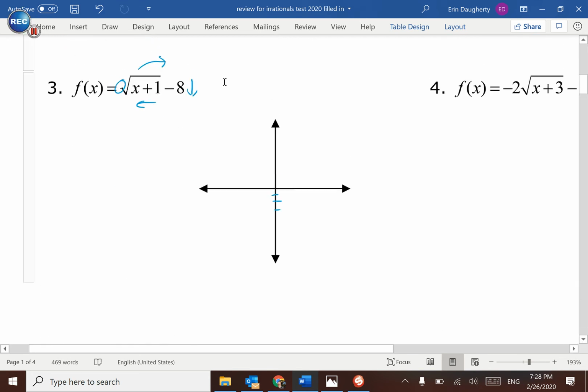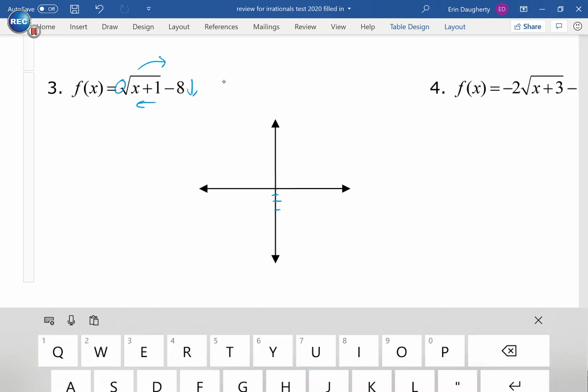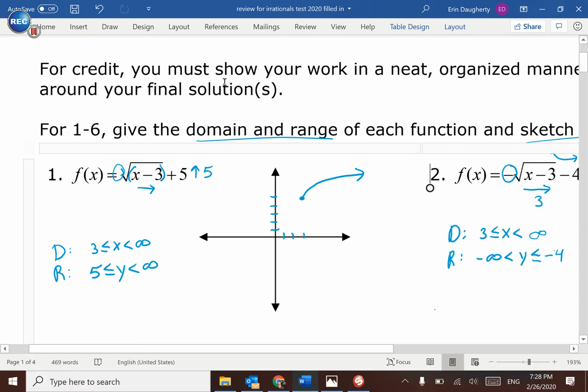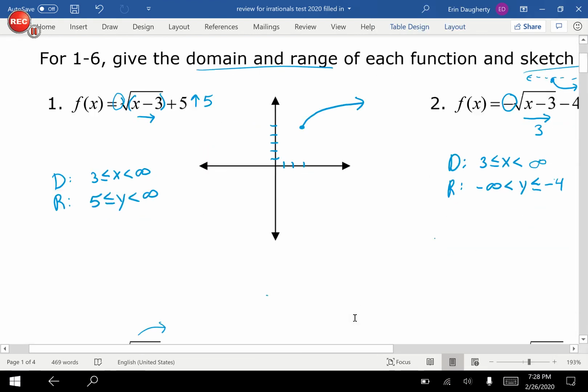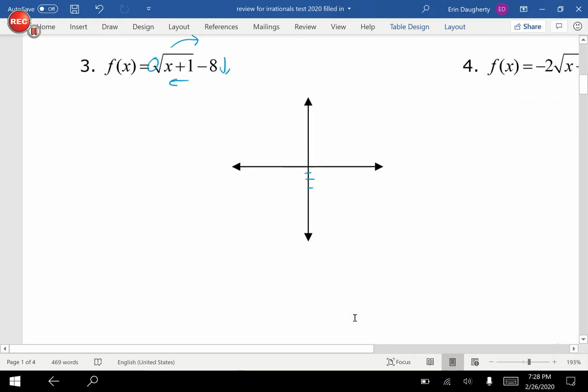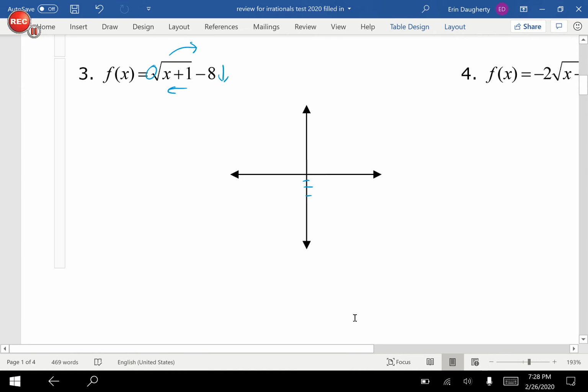Okay, this is going to shift down 8. I wish it would figure out what it's doing. Sorry about that. Okay, so we end up with 1, 2, 3, 4, 5, 6, 7, 8, and then we're going to go left 1. Okay, and our first point is going to start at -1, -8.